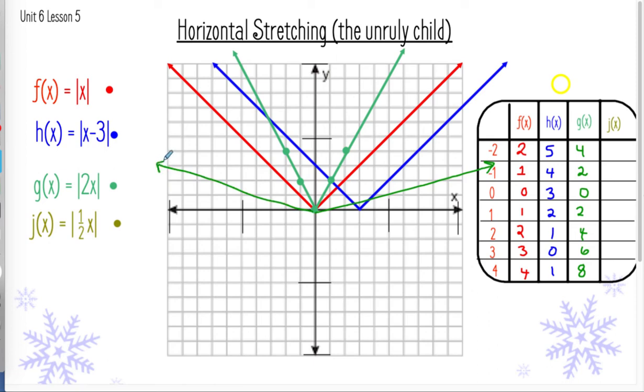It actually did the opposite, right? Instead of stretching it along the x-axis, it stretched it along the y-axis. It actually looks like a y stretch. And that makes sense because it's inside parentheses. Mama said double, and baby said, I'm not going to get wider, I'm going to get taller.